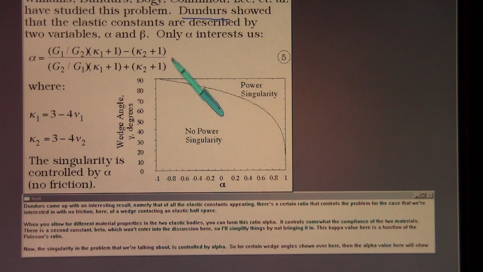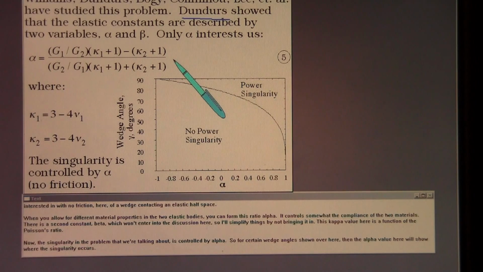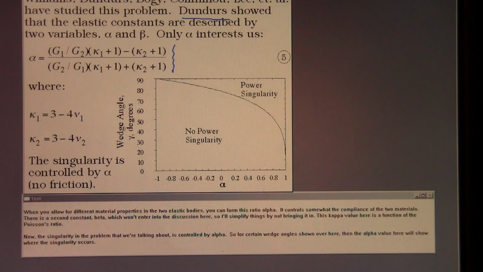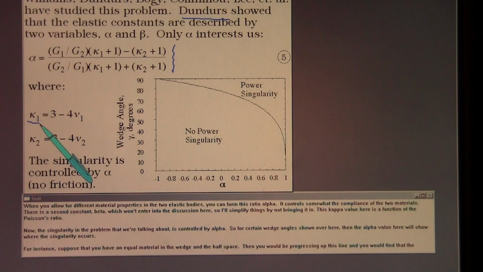When you allow for different material properties in the two elastic bodies, you can form this ratio alpha. And it controls somewhat the compliance of the two materials. There's a second constant, beta, which won't enter into the discussion here, and so I'll simplify things by not bringing it in. This kappa value here is a function of the Poisson's ratio.